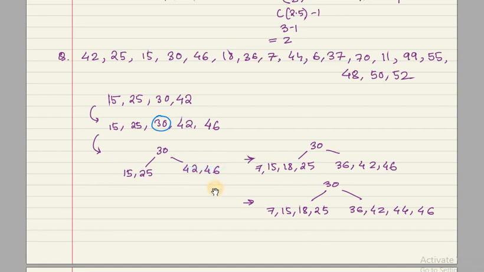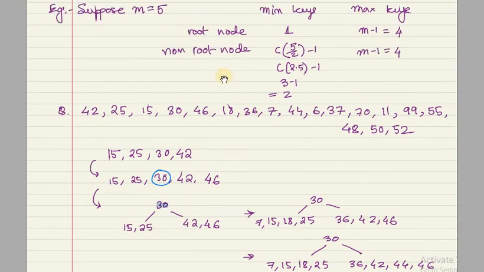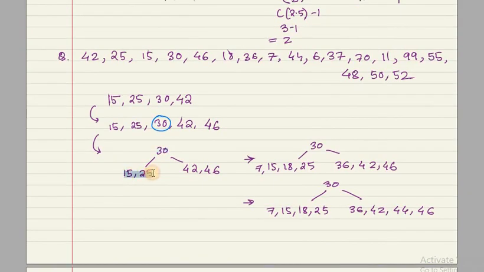Now it is fine, because as we know, the root node can have a minimum of one element. So now this has become the root node, the minimum value can be 1, and it is having 1 value, so no problem. In case of non-root nodes, the minimum is 2 and maximum is 4. Here we have 15 and 25.